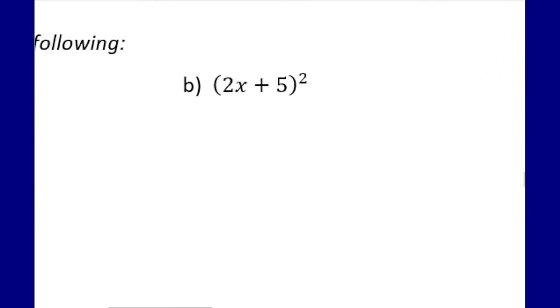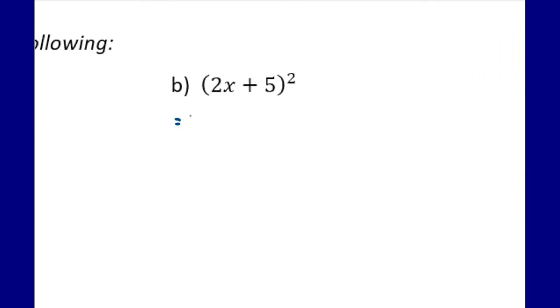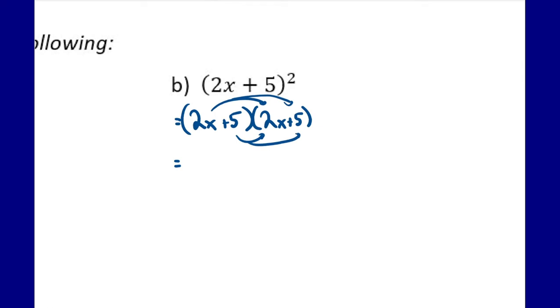2x plus 5 squared. Again, same thing, 2x plus 5 times 2x plus 5. Distributive property. We end up with 4x squared plus 10x plus 10x plus 25.